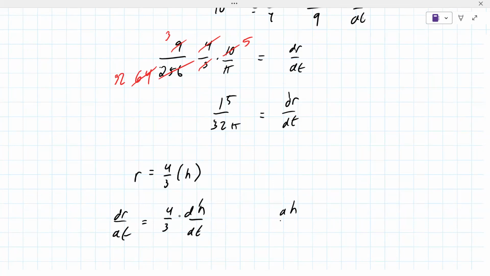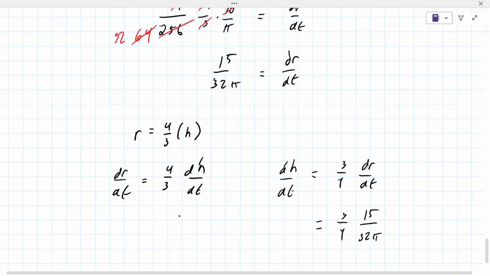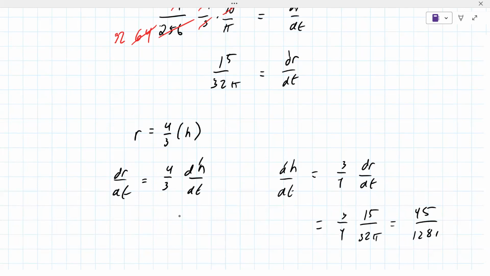So dh/dt is 3/4 dr/dt. So it's 3/4 of the 15/32 pi, which ends up being 45/128 pi. And then we need units. We should have included units in these. This is meters squared per minute, and this is also meters squared per minute.